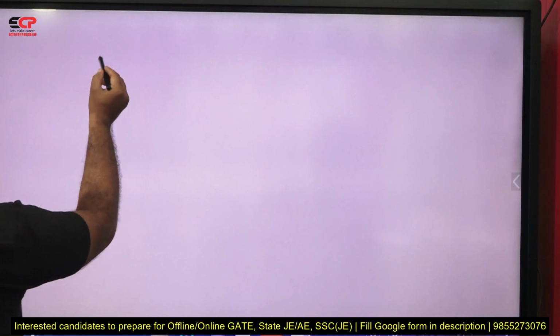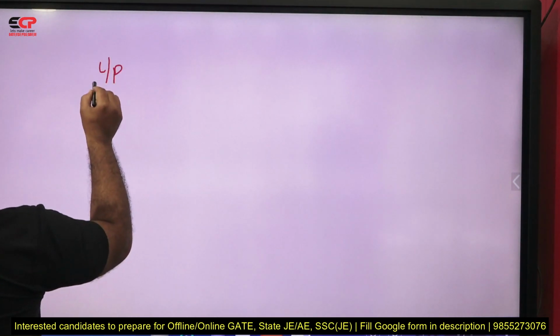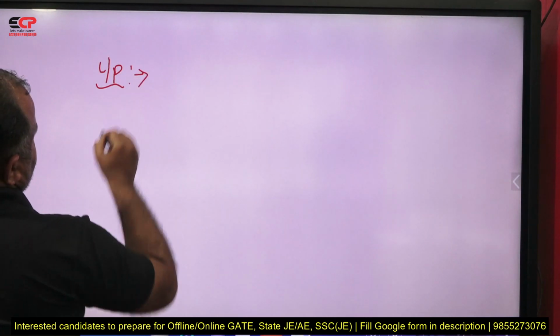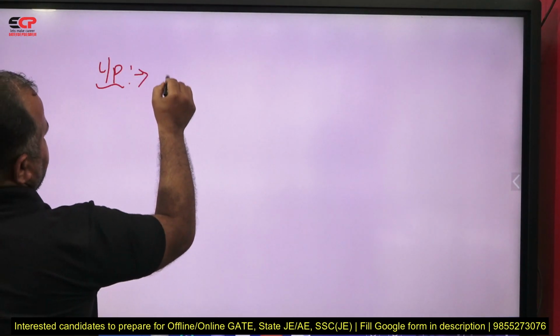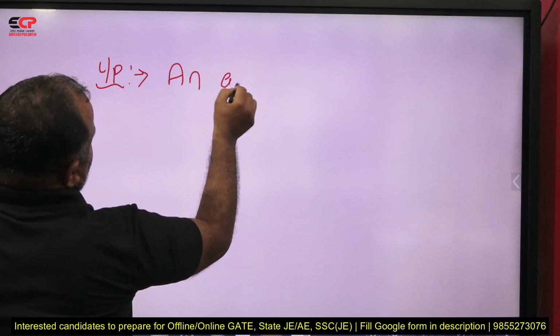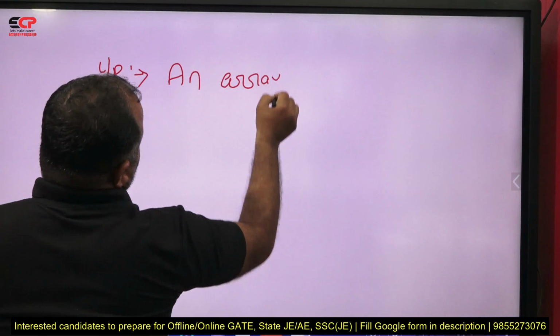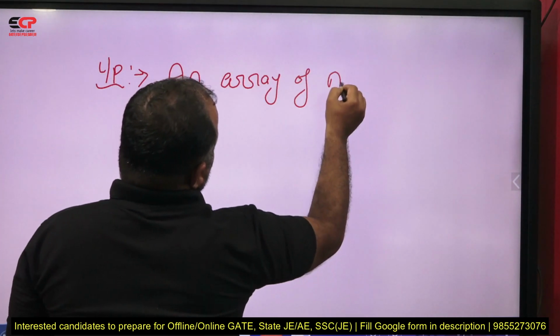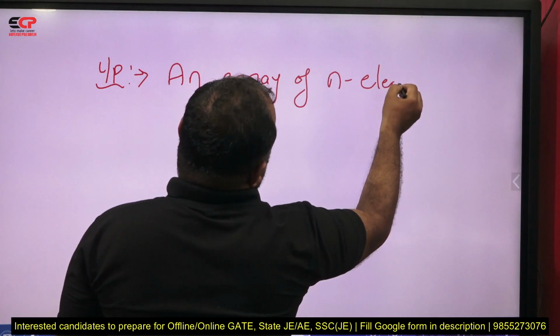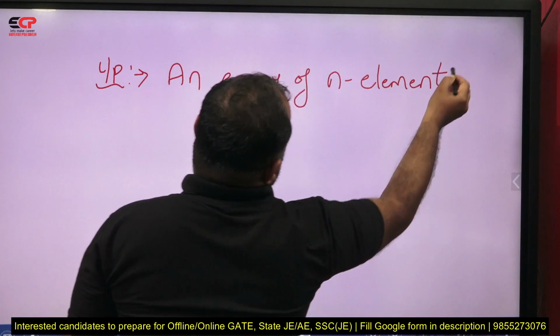So the problem statement is: an array of n elements which is sorted.